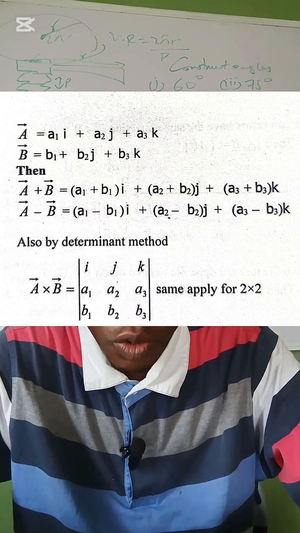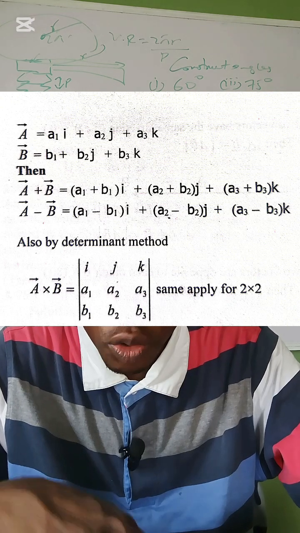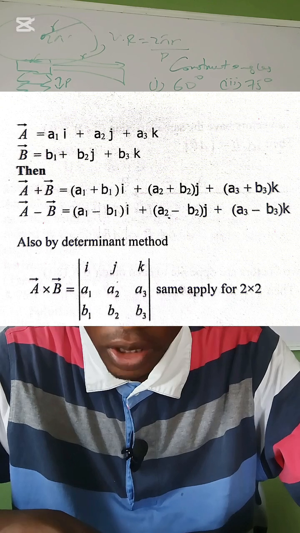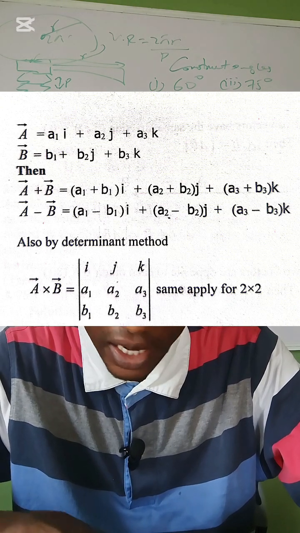That is A1 plus B1, we put it under i. Plus A2 plus B2, we put it under j. We take A3 plus B3, we put it under what? k. If it is minus, we do the same thing as you see it over there.